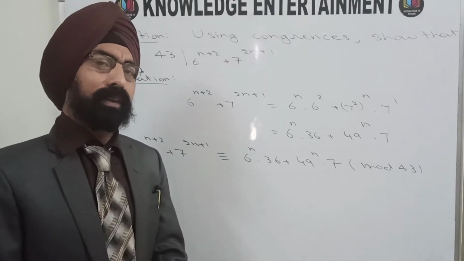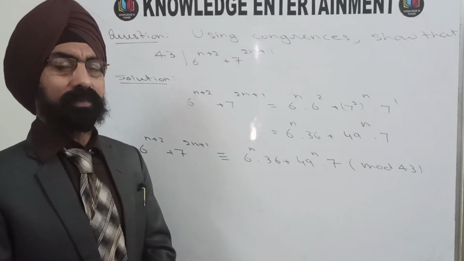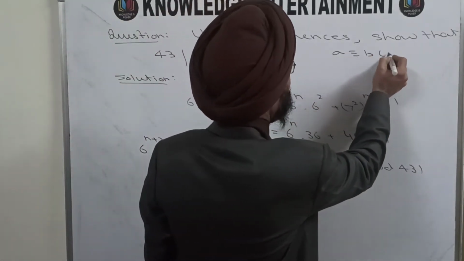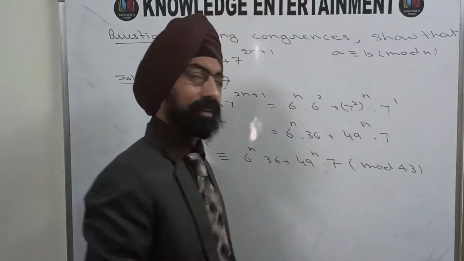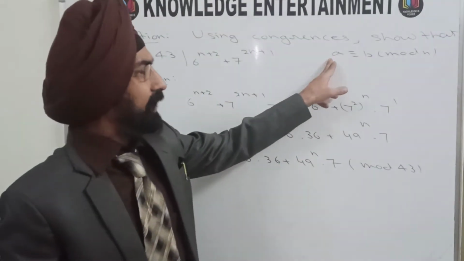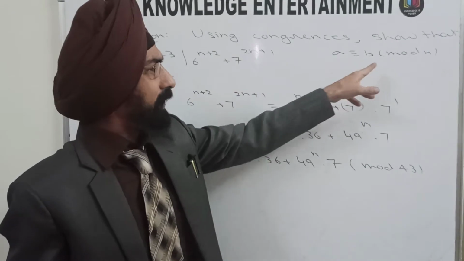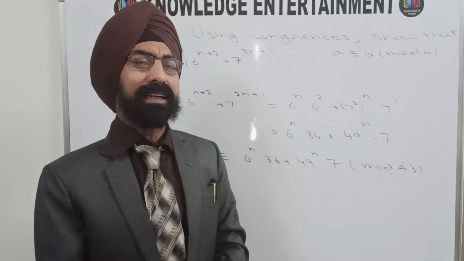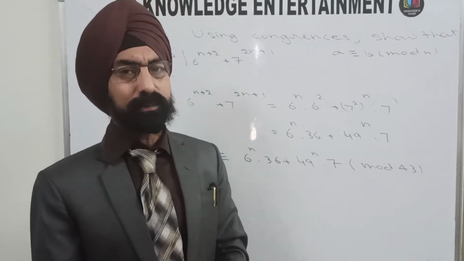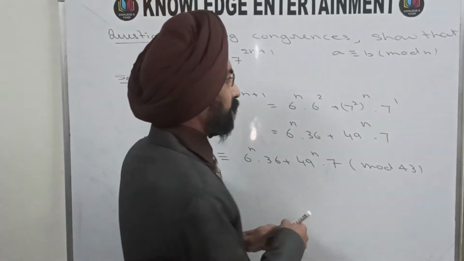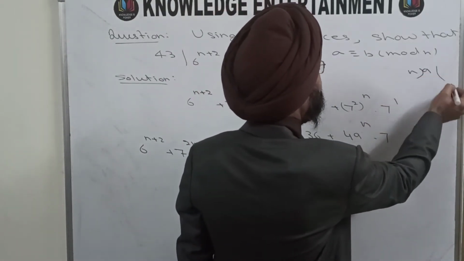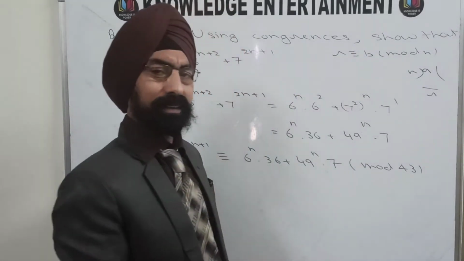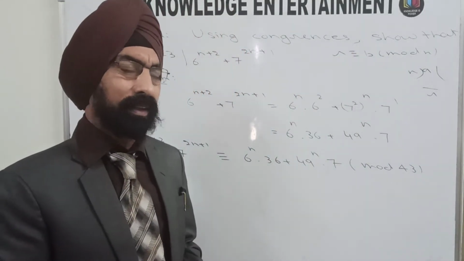And we know that in congruence relations, if A is congruent to B modulo n, and if we divide A or B or any quantity in this congruence relation by n and we get the remainder R, then that particular quantity can be replaced by R. Suppose here you divide A by n and the remainder is R, then you can replace this A by R. It is a property of the congruence relations.